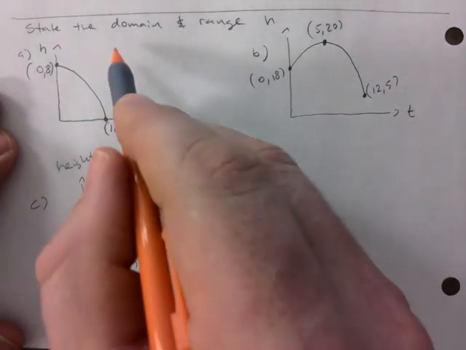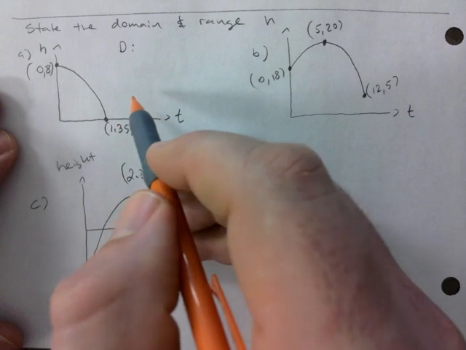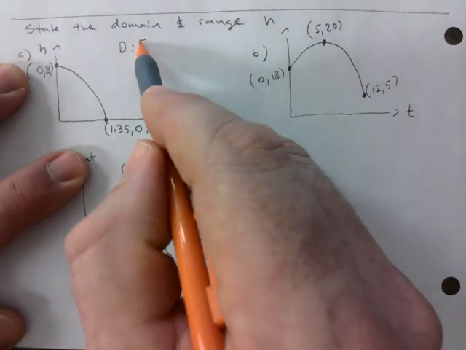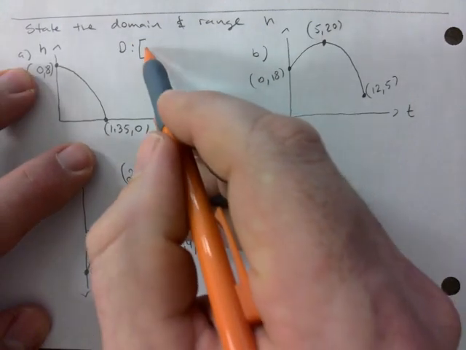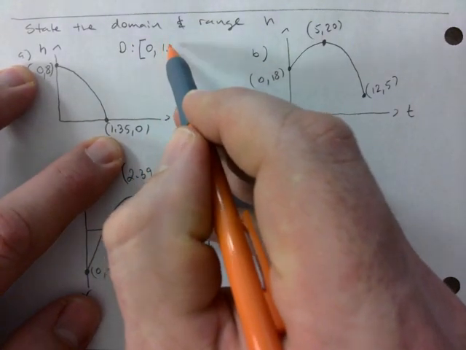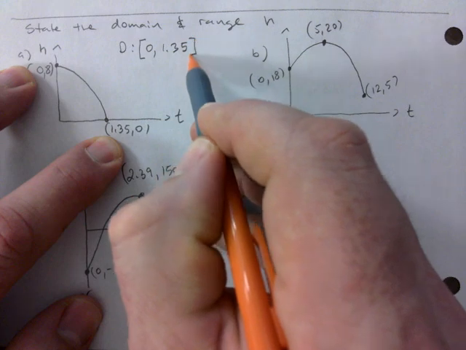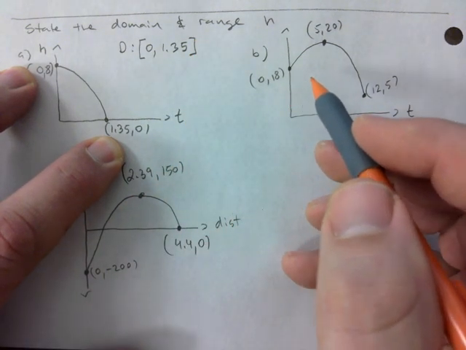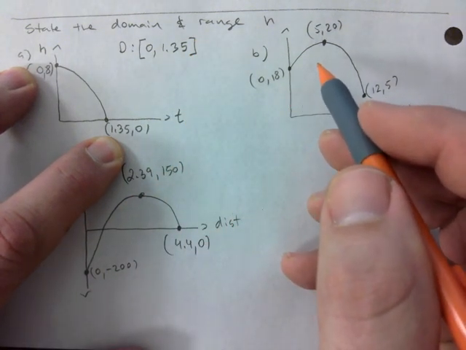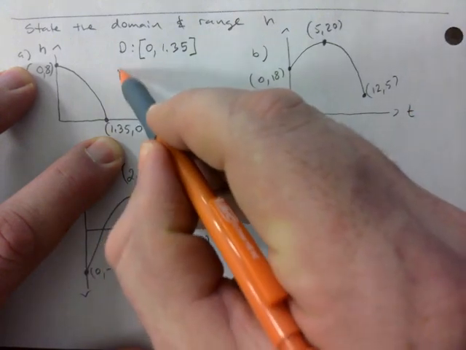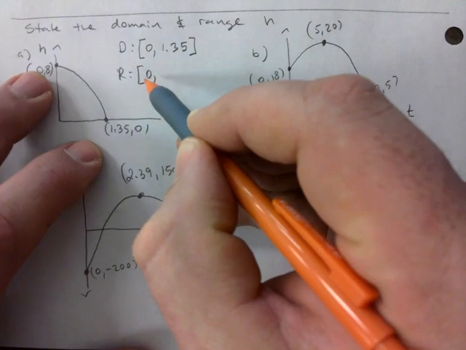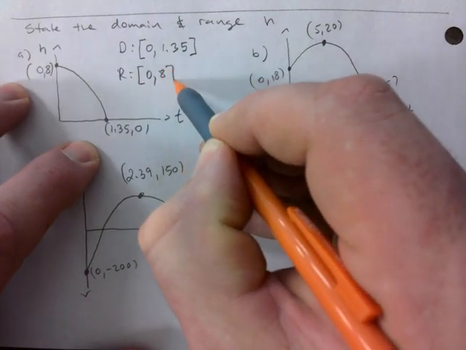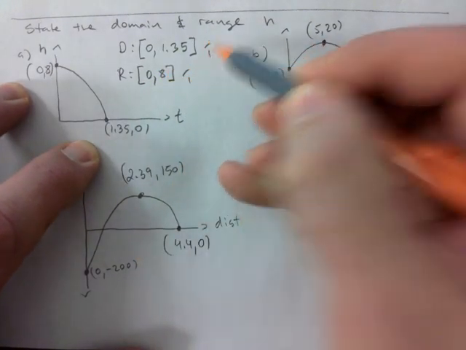Okay, so domain and range. Here I'm going to use interval notation, but I will also write set notation. So 0 to 1.35, 1 mark for this. If you have that, 1 mark. You have to have the square brackets or else take off half. For your range, you go from as low as 0 and as high as 8. So 1 mark for each one of them.